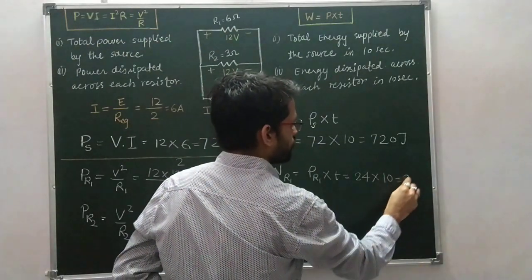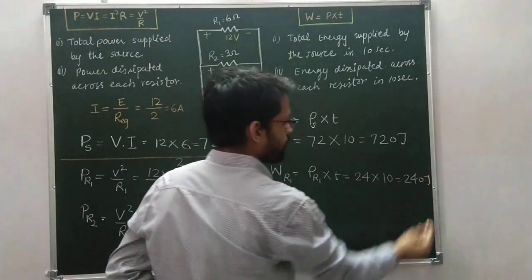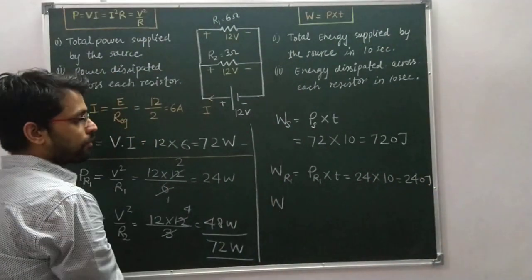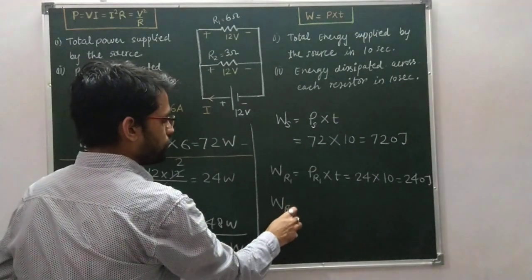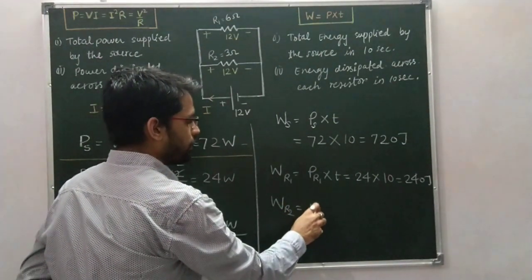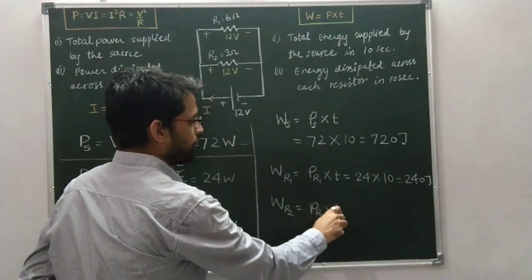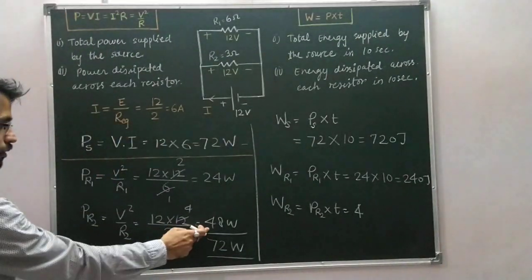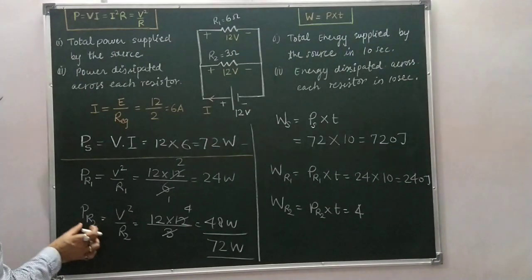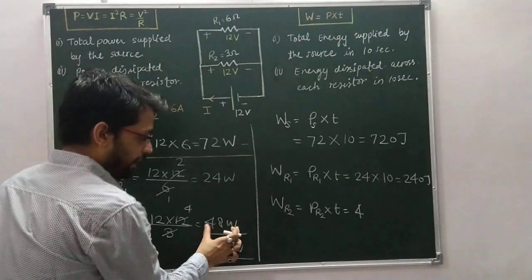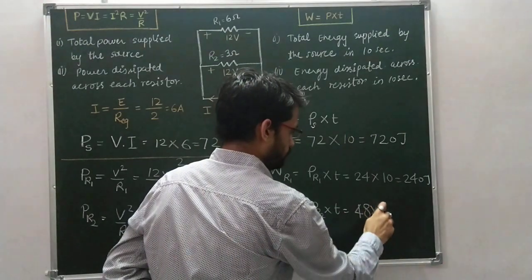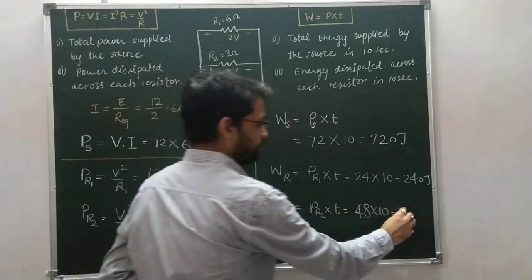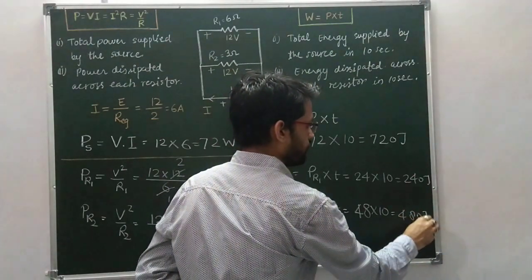This is 240 joule. And the energy dissipated across R2 is equal to the power dissipated across R2 multiplied by the time. The power dissipated across R2 is 48, multiplied by the time, that is 10 seconds, is 480 joule.